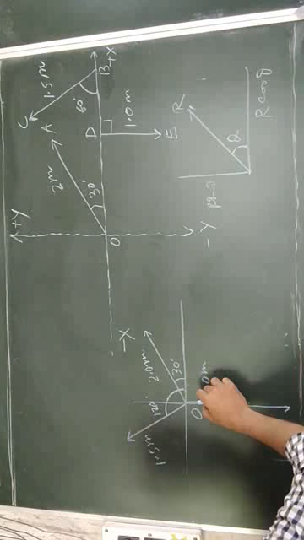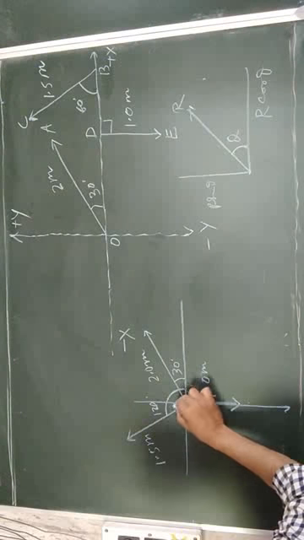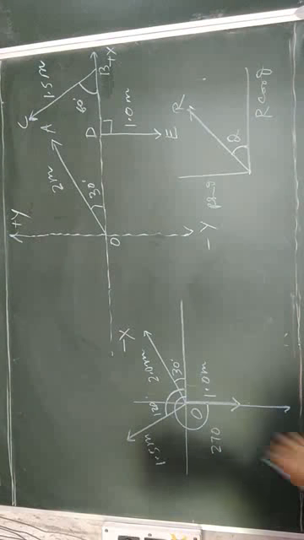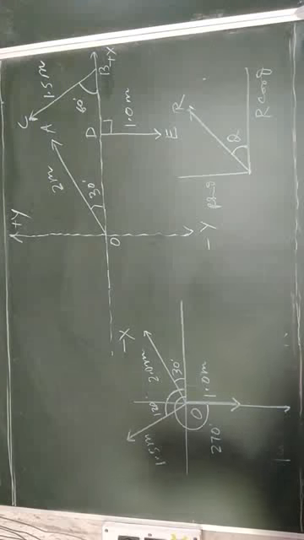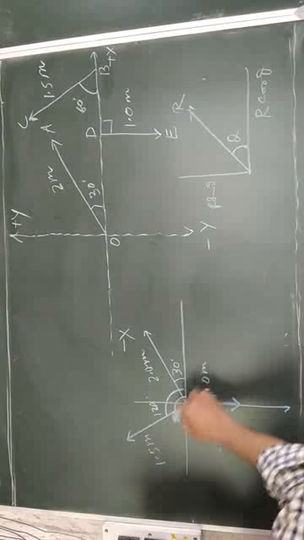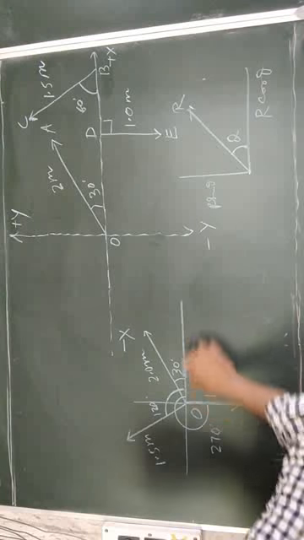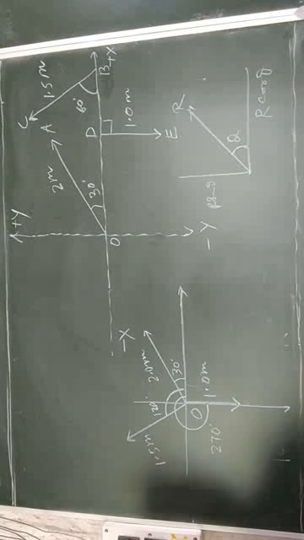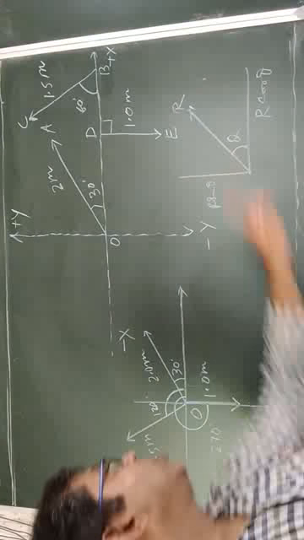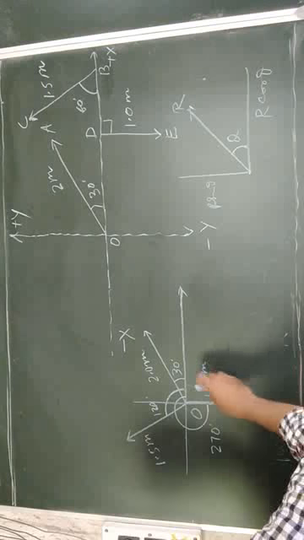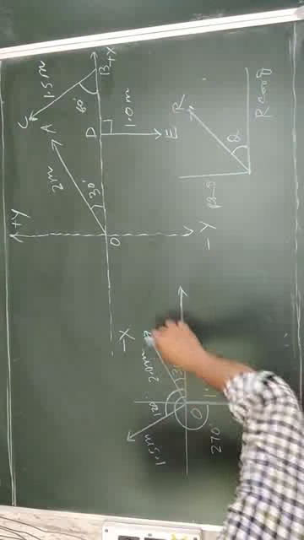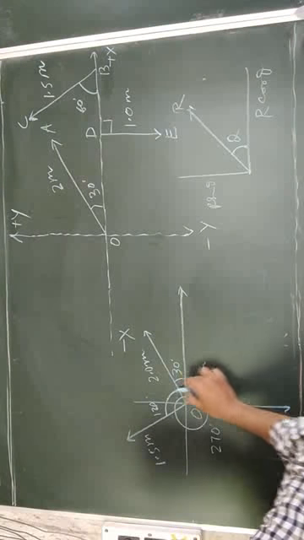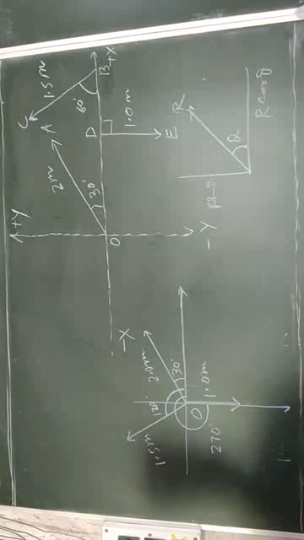And this is 90, so from here this whole angle is 270 degree. So all angles are calculated from the positive x-axis. You have to start from positive x-axis to calculate all the angles. Then you already have known the value of theta for each and every vector given. In this case the theta 30, theta 120, theta 270.